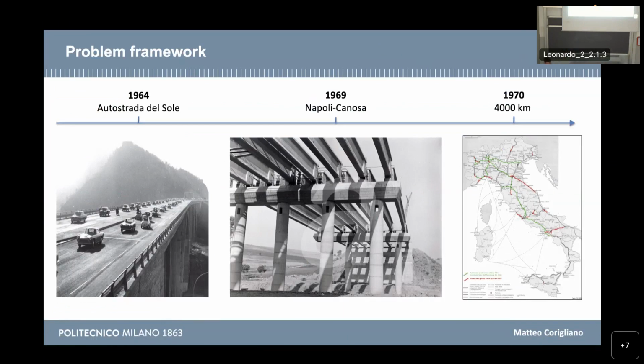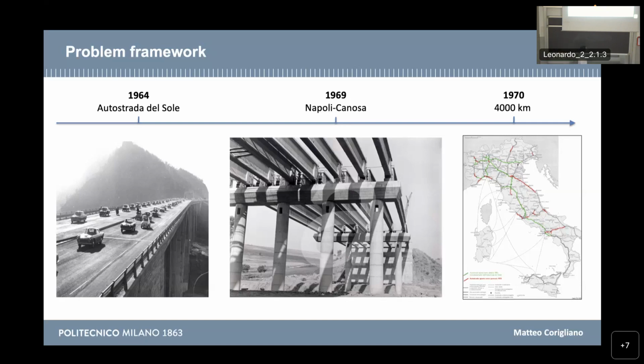Here I reported an introductory slide with some pictures of the 60s, in which we have the inauguration of a famous, one of the most important highways in Italy, and in the central picture, the construction of a viaduct on another highway in the south of Italy.